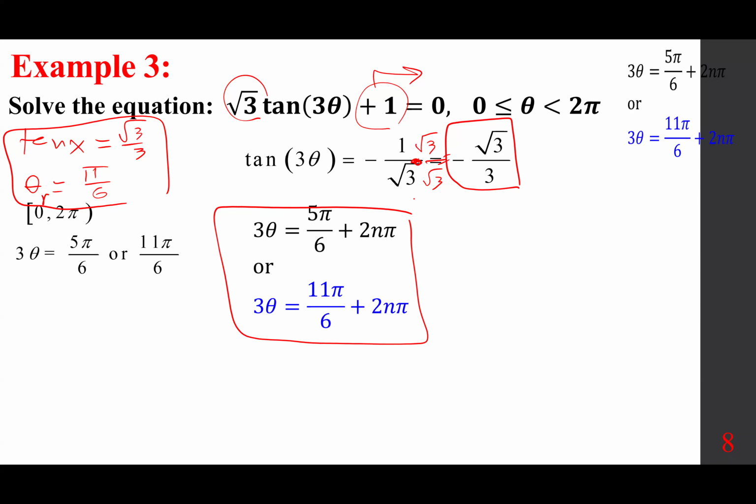We are solving for theta. That means we are going to divide this one by 3, this one by 3, this one by 3.